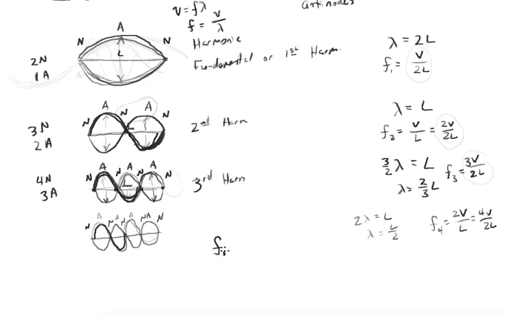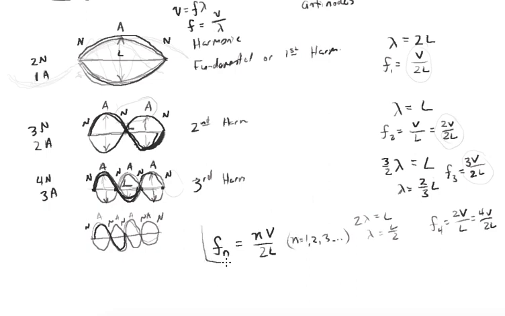So what we can say is for the harmonics, which would be the first, the second, the third, the fourth, the fifth, so on and so forth, frequency is going to be equal to N times V over 2L, 2 times the length of the string, where N is equal to 1, 2, 3, so on and so forth. Okay?